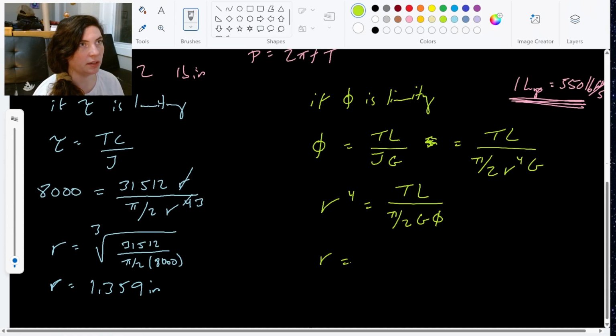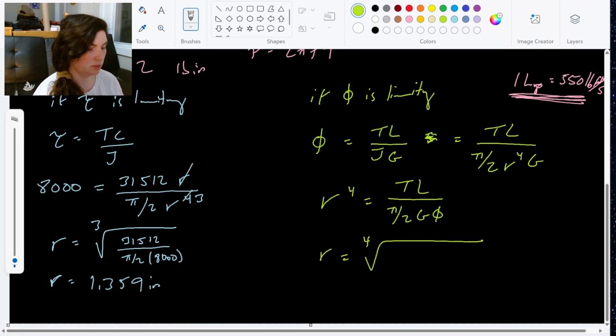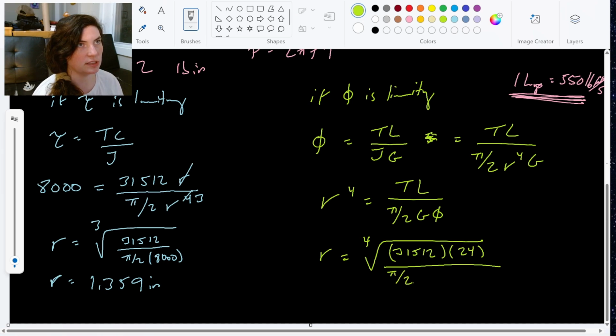So now I'll go ahead and plug everything in here. I'm taking a 4th power root. A button in your calculator is going to be a pain to find, but that's fine. Our torque value, 31512, times our length. What was it? 2 feet, I believe, which I'm going to convert to inches. It's 2 feet, but it's 24 inches, just to keep our units consistent.